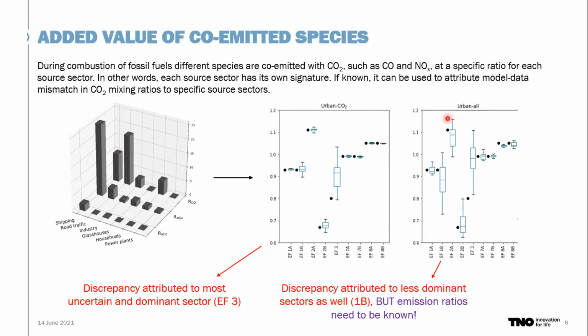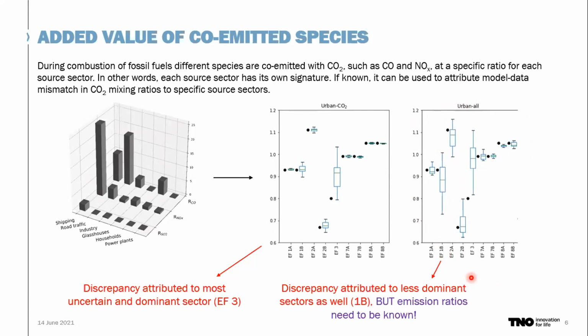And indeed, you see that some other sectors are now also updated, for example 1B, which is coal-fired power plants, and 2A, which is residential combustion. These now also get optimized because the CO-emitted species tell us this model data mismatch cannot be attributed to the industry.